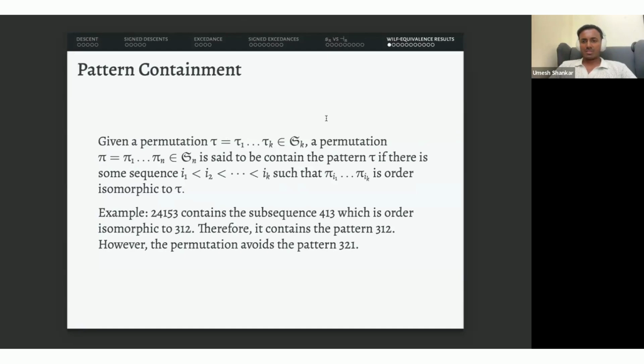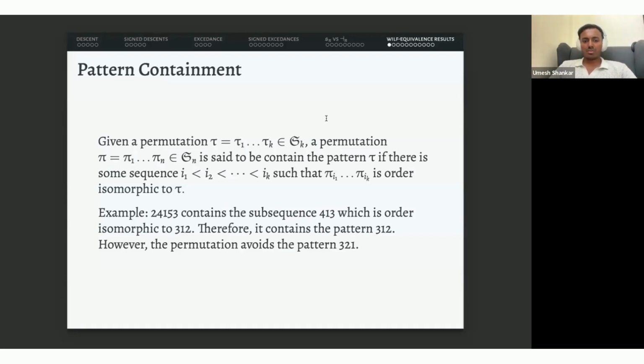First we have to define what a pattern containment is before we can define what avoidance is. Given a permutation tau in S_k, a permutation pi is said to contain the pattern tau if there is some sequence i_1 < i_2 < ... < i_k such that pi(i_1), ..., pi(i_k) is order isomorphic to tau.